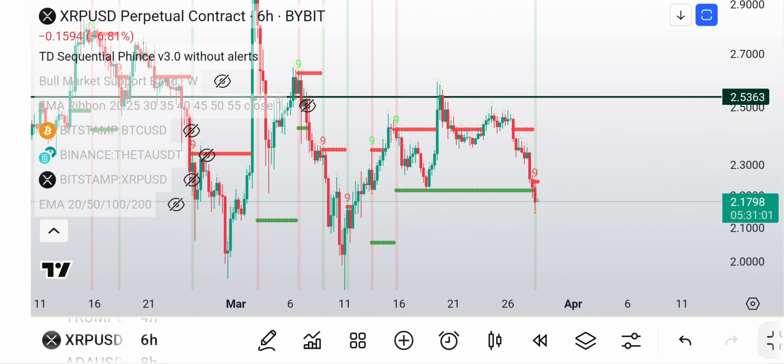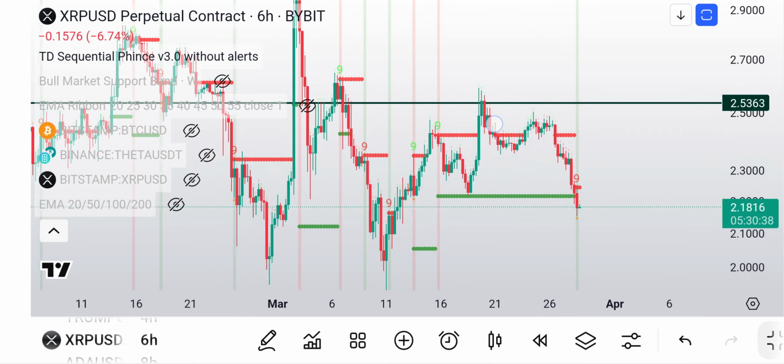And what's kind of cool here is you have a 3-way pullback and you've got the 9. So the very least we would hope is to get a bounce and then get a 5th wave, if that makes sense. So we get 1, 2, 3. The 9 happens at the bottom of the 3. We get a 4 bounce, and then we get a 5.